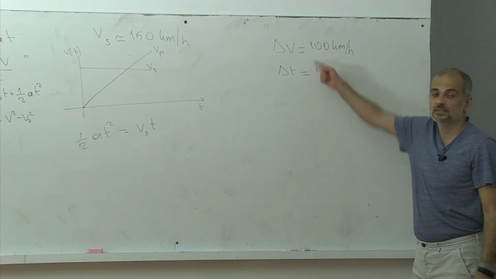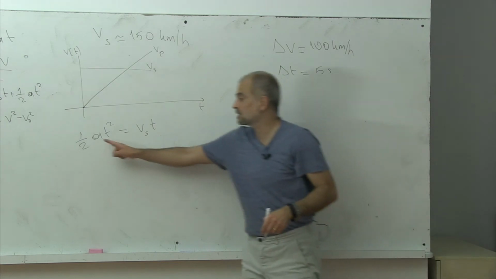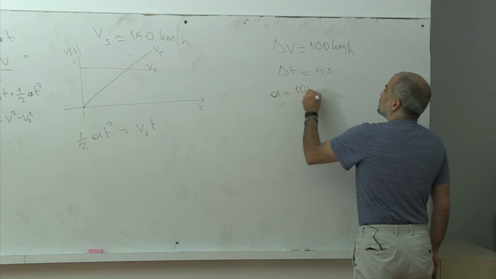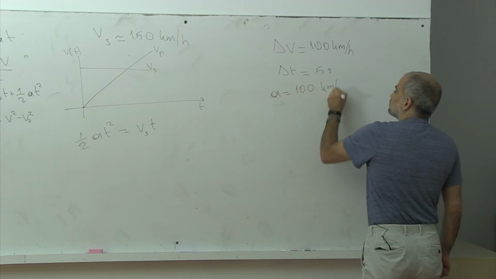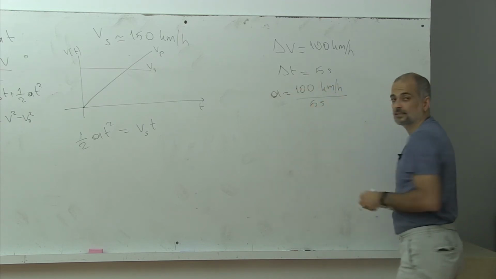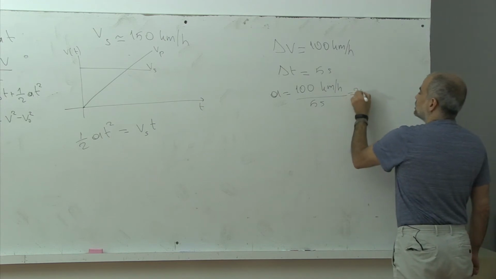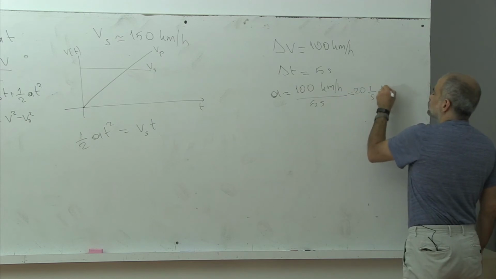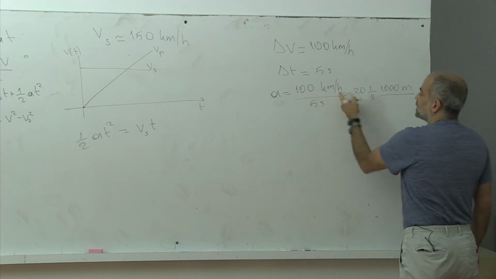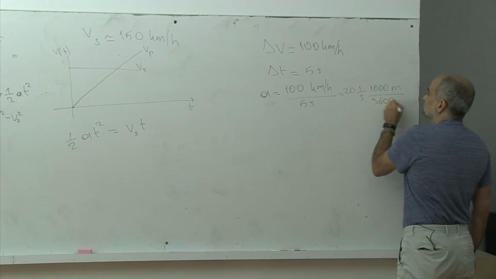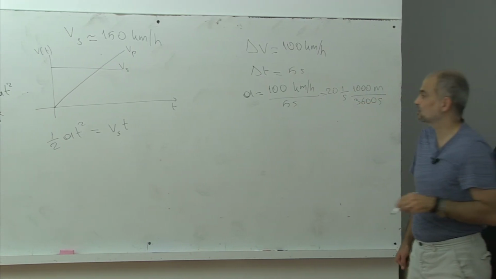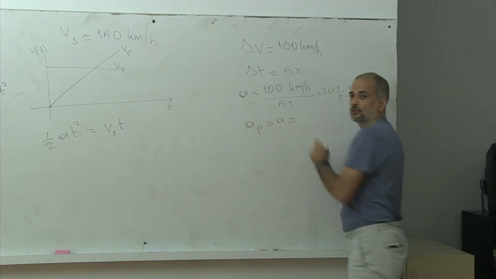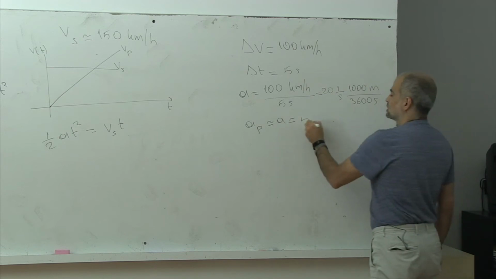So the acceleration of this car, which we can use as an estimate for the police car, will be 100 kilometers per hour divided by 5 seconds. 1 kilometer is 1,000 meters. 1 hour is 3,600 seconds. So we can estimate the acceleration of the police car to be around 5.6 meters per second squared.